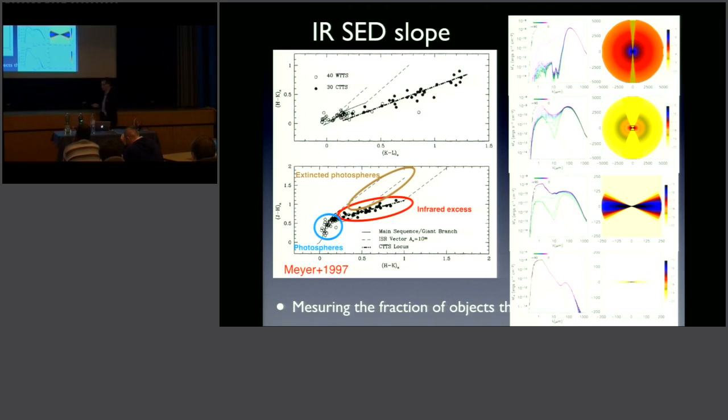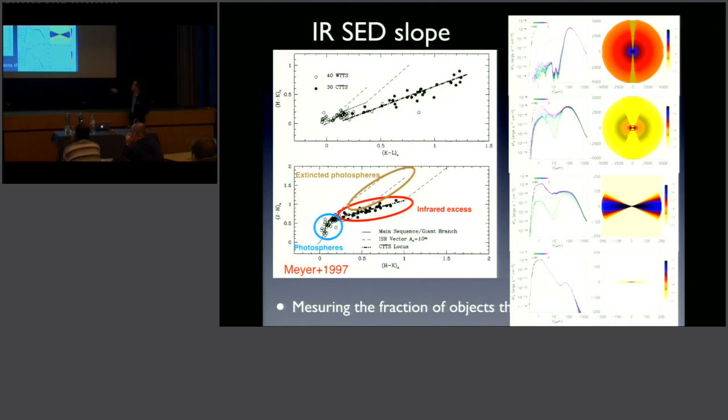And if instead you add hot dust around these photospheres, so dust that is close to the star and is heated by the stellar radiation, then it would move in this direction, across into the locus of the infrared excess sources, which becomes more and more clear as you stretch toward the longer wavelengths. So here in the traditional near-infrared 1 to 2.5 micron bands, they are still very close to the photosphere.